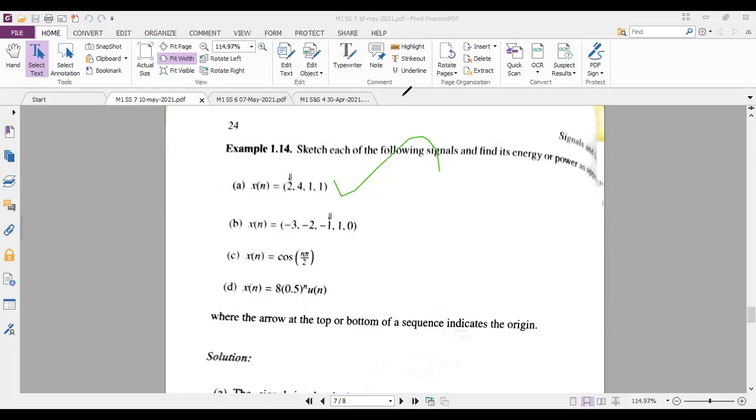Tell me whether the first question is periodic or non-periodic. Non-periodic. Non-periodic means it comes under energy or power? Energy, very good, energy.